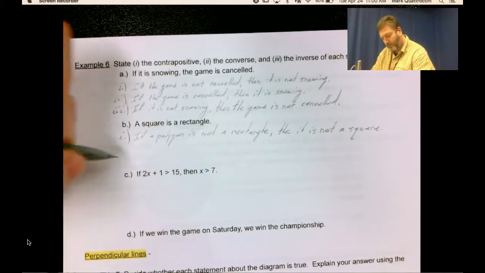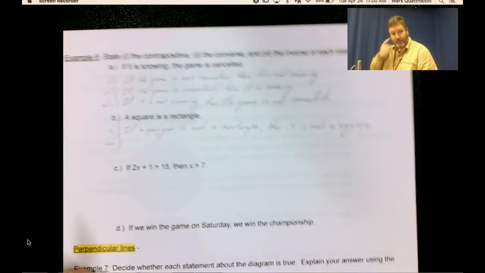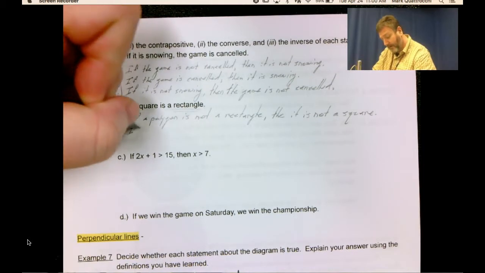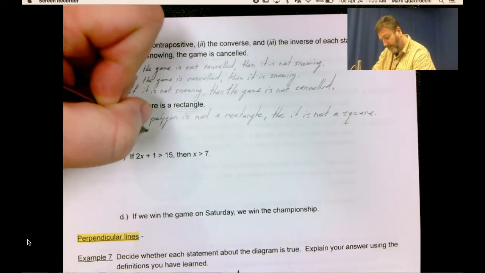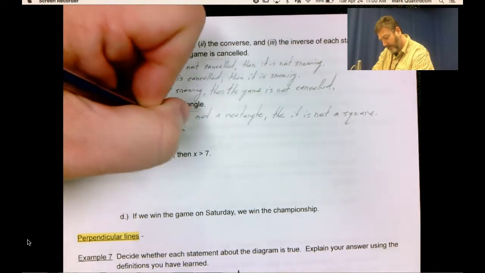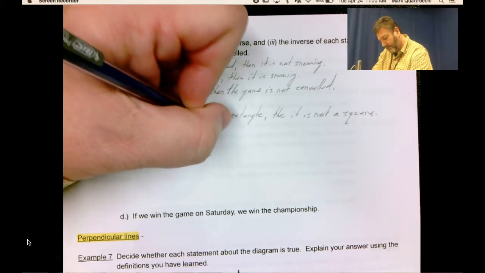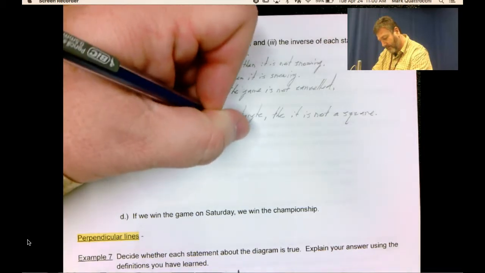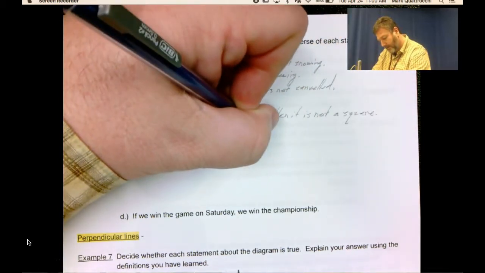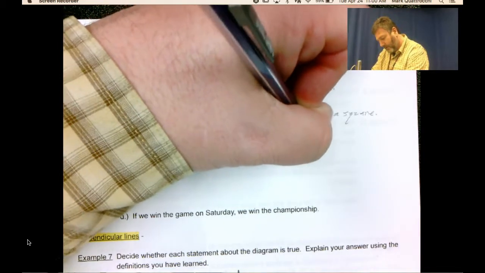Roman numeral 2. Converse. We're just going to switch them without negating. If a polygon is a rectangle, then it is a square.